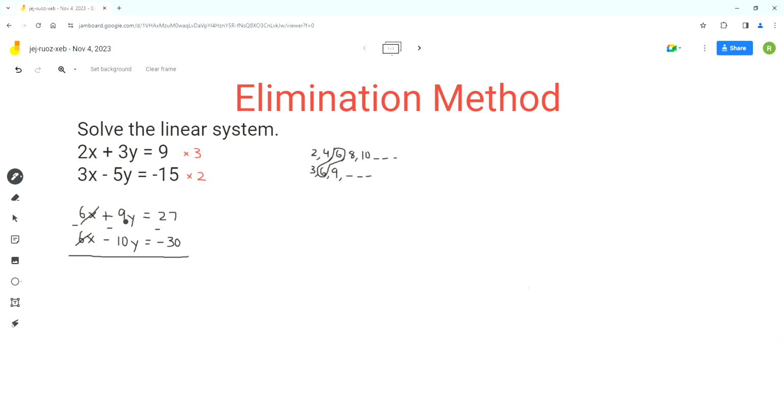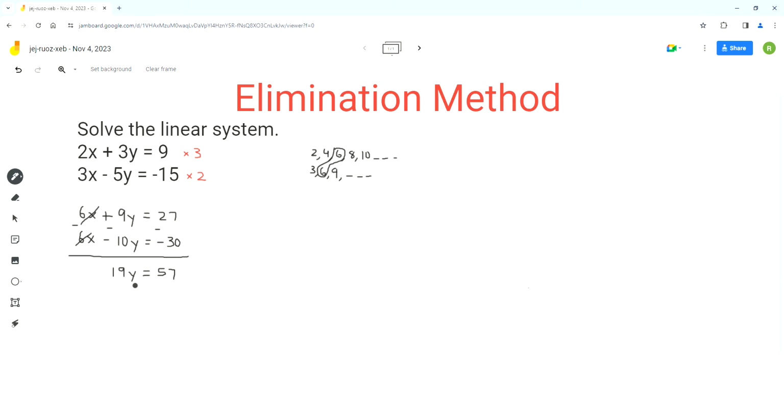So now we do 9 minus negative 10, which is basically 9 plus 10, which is equal to 19y, equals, and on the other side we have to do 27 minus negative 30, which is basically 27 plus 30, which is equal to 57.